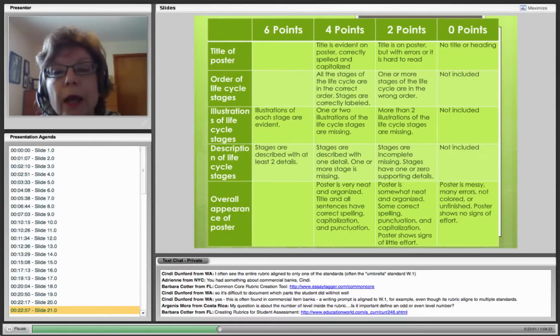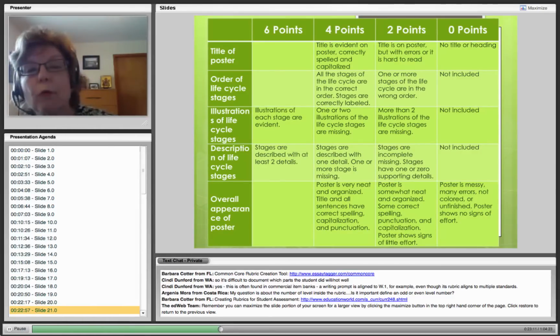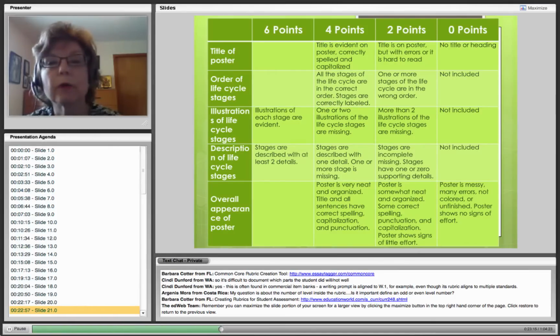This is, with many thanks to a teacher in Pennsylvania, going to be a before and after story. I thank her for allowing us to share her before and after rubrics. That was very brave of her.